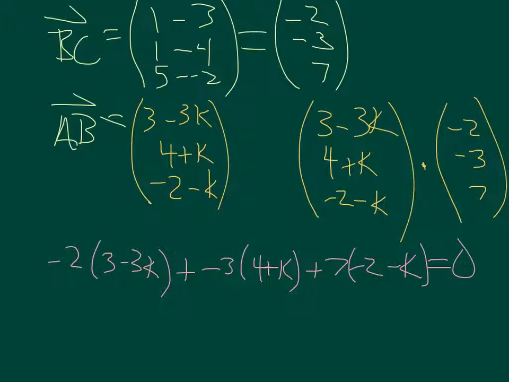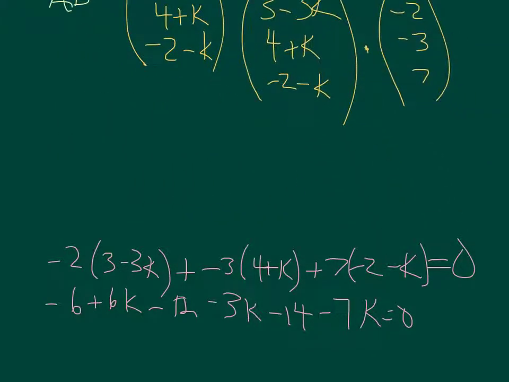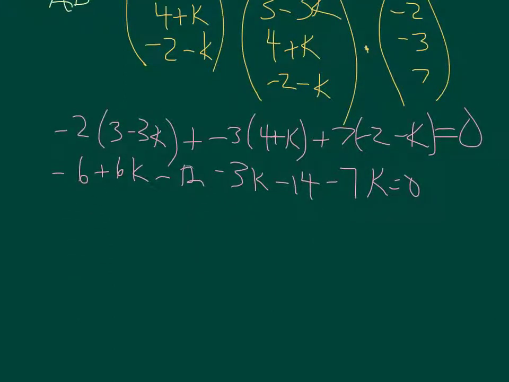Now we distribute. So minus 12 minus 3k minus 14 minus 7k equals 0. Let me move some of these things out of the way here. There we are. Got plenty of room now. Now we combine up our like terms.